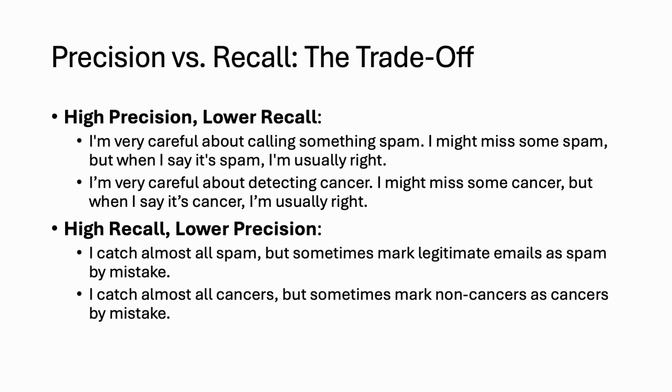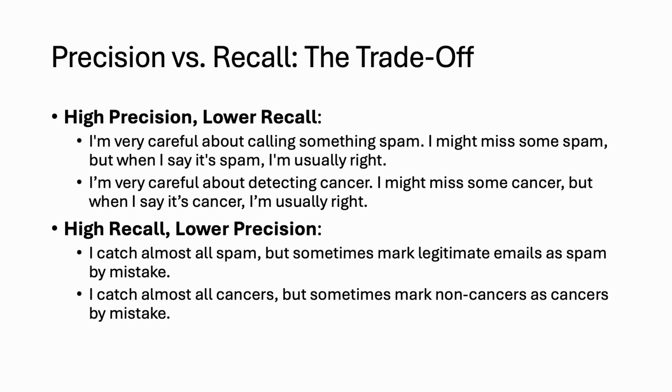And in the case of our cancer and non-cancer classification, it catches all the cancer but sometimes marks non-cancer as cancer by mistake. So now we need to understand which is more important in these cases. If I label a non-cancer patient as cancer, what consequence may it bring?